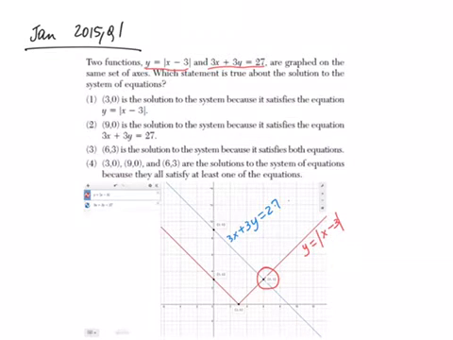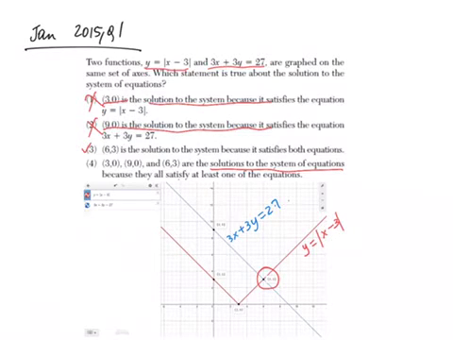So it cannot be number 1. That's not the solution to the system. 9, 0 is not the solution either, so cancel 1 and 2. Now 3 is possible because it is the solution of the system of equations. And then look at 4. 3, 0, 9, 0 and 6, 3 are the solutions. So are all of these the solutions of the equation?